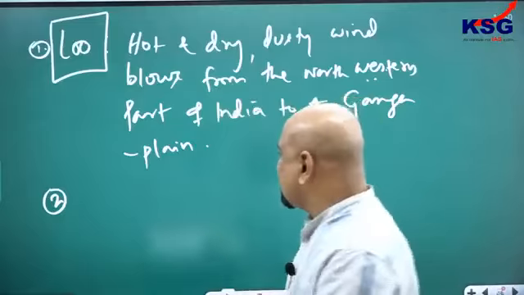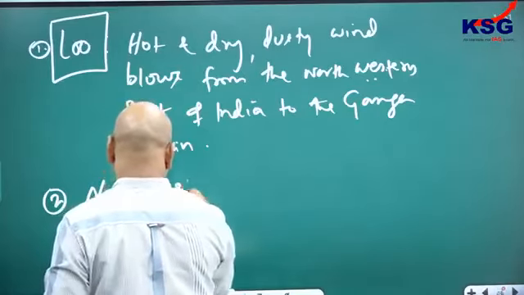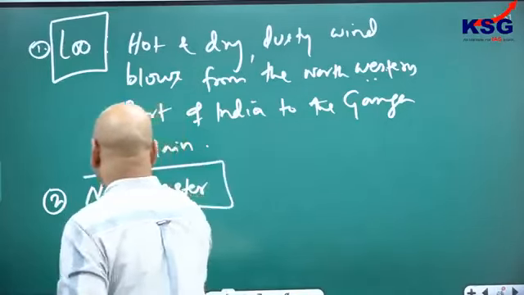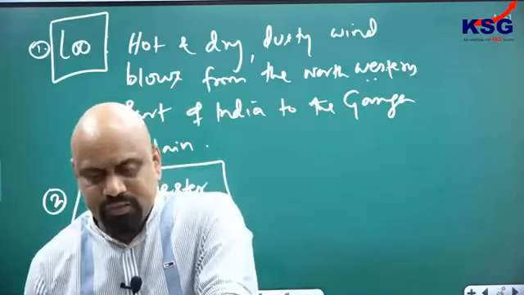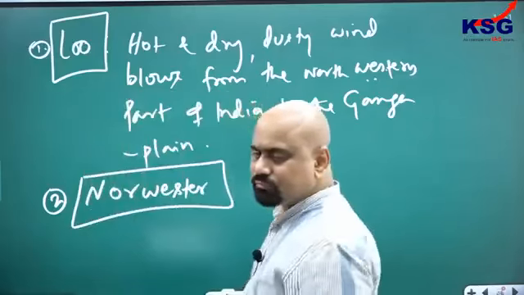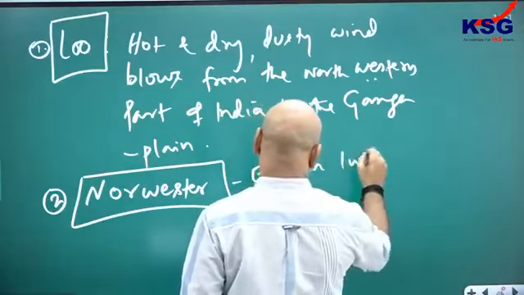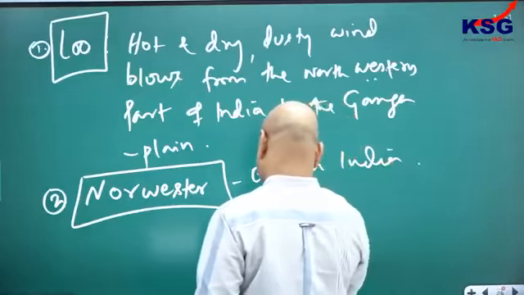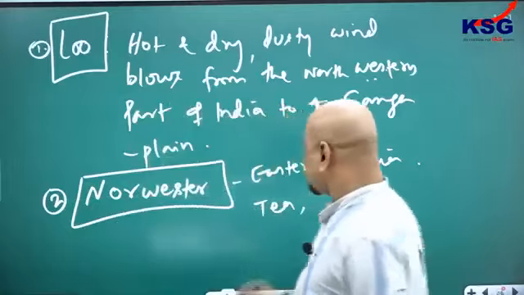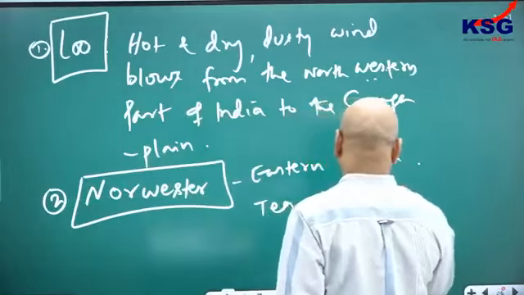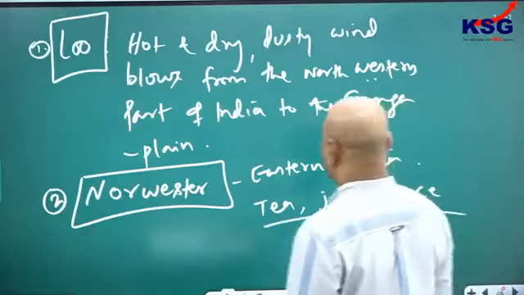You have another one, nor'wester. Do you know about this nor'wester? In the local wind also I told you nor'wester. It is mostly in eastern India. Most suitable for tea, jute and rice cultivation.